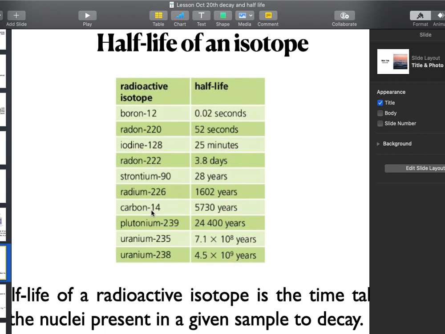Okay, carbon-14. Remember that carbon-14 is an isotope that scientists use to determine, for instance, the time in which dinosaurs were living here on Earth. And its half-life is 5,730 years.